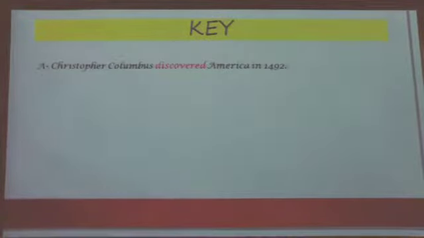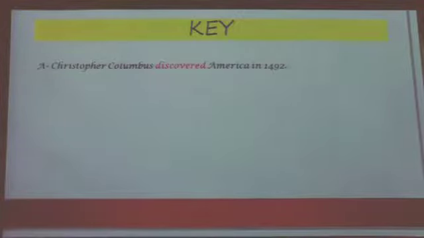So here you are. For number 1, Christopher Columbus. So the verb is discover. The past of discover is discovered. Christopher Columbus discovered America in 1492.